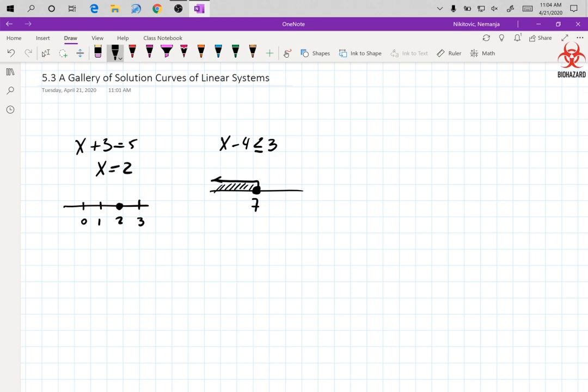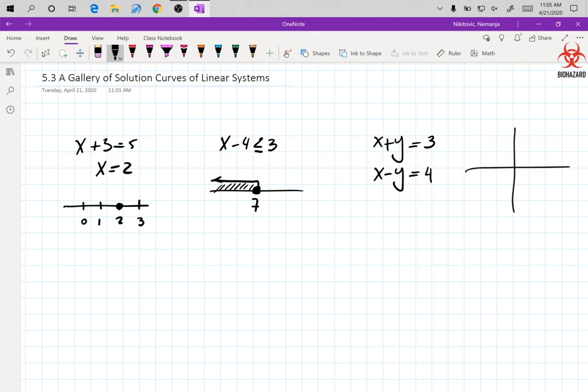And you had systems of two equations, for instance, and the solution was the intersection point between two linear equations. So, x plus y equals 3 and x minus y equals 4.